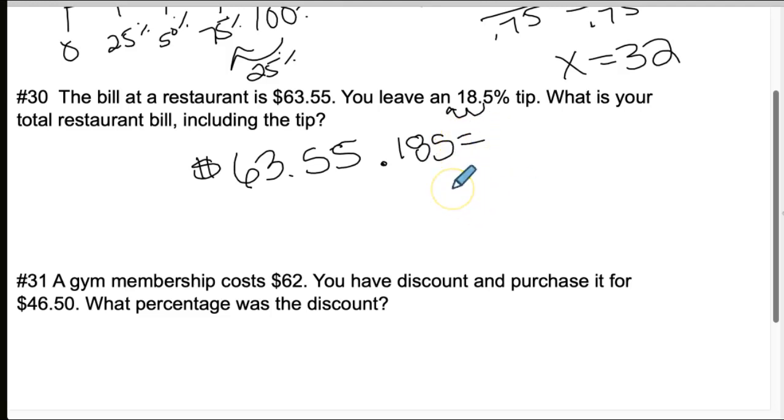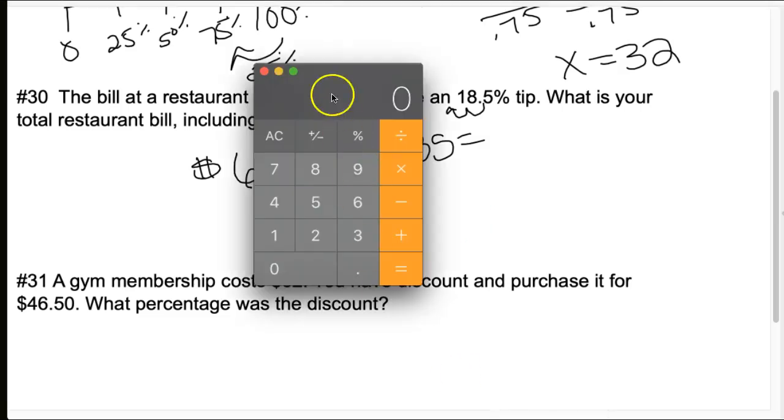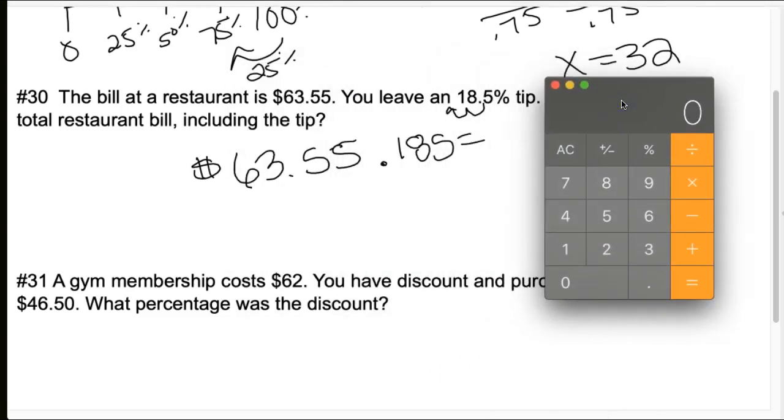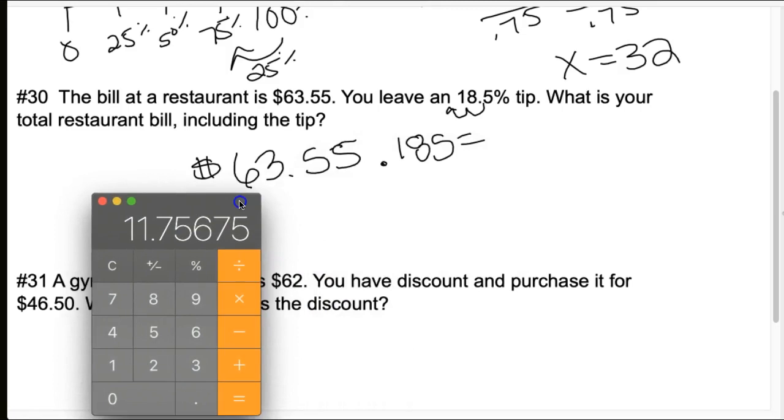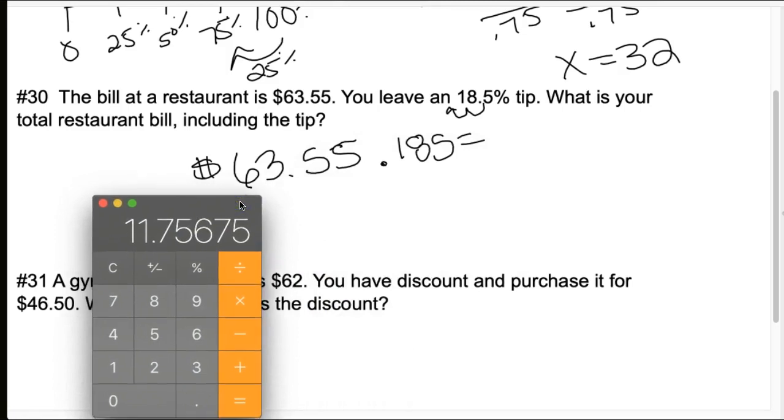See if we take out a calculator and do $63.55, and we multiply that by 0.185. That gets about $11.76 or so.